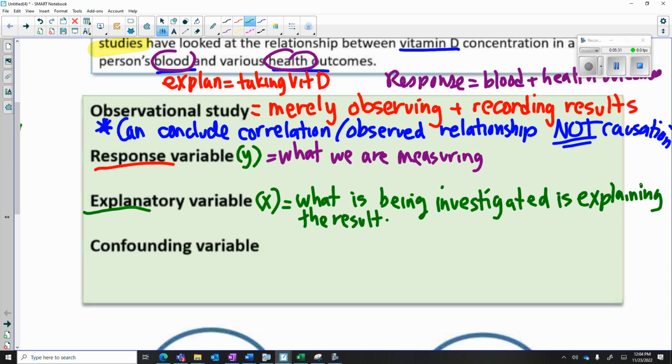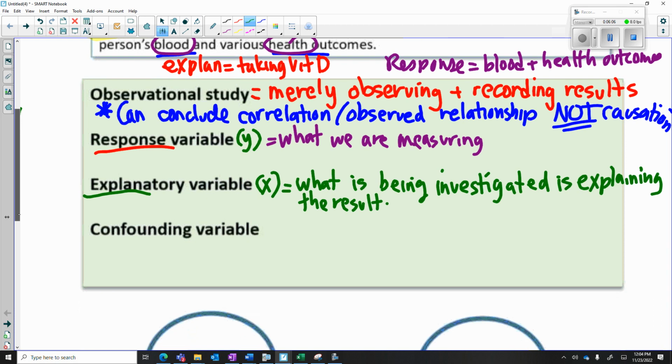Okay, all right, so now the problem is, like I said above, there could be a third variable existing here, and that third variable, or fourth variable, or many variables, is basically another variable out there that could also be explaining the response. Above we were measuring how vitamin D could help with blood and other good health, but there could be other reasons that I said out there that are lurking that could cause that response. Examples include their diet, their exercise habits, other supplements that they take, etc. Maybe they meditate, okay?